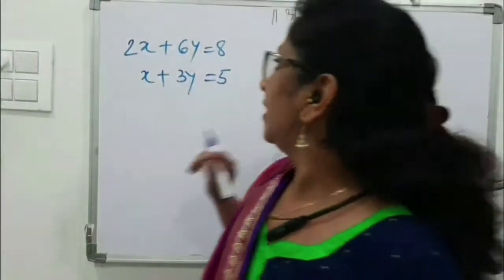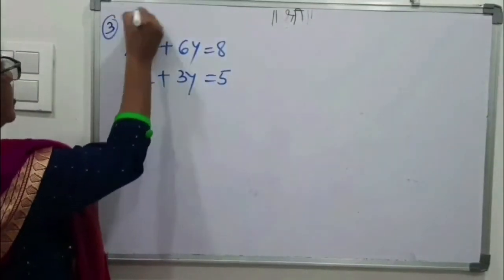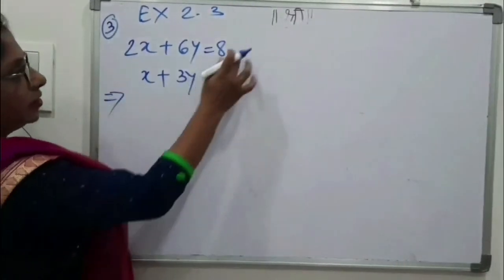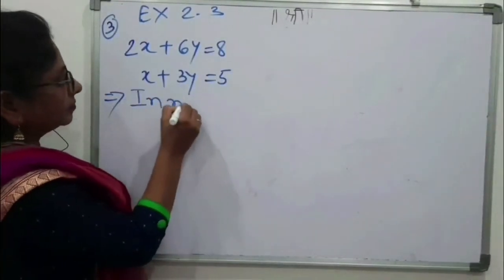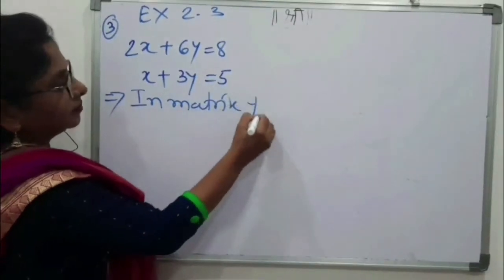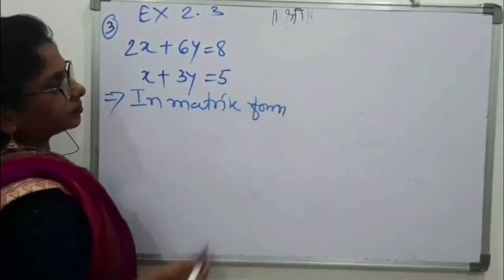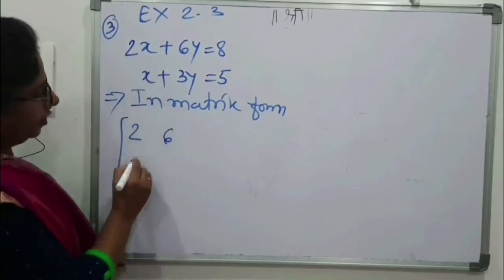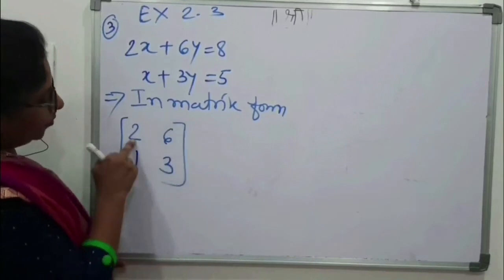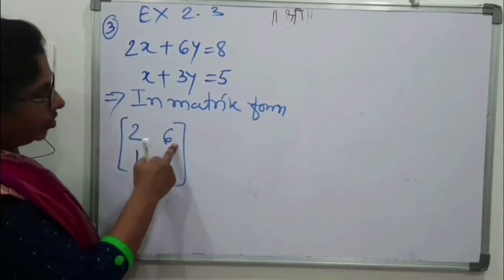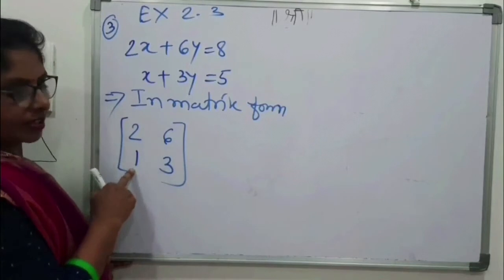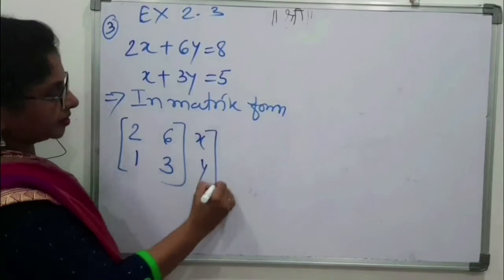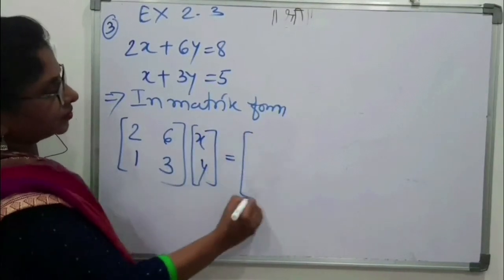Third we will again see here. So this is the third example of your exercise 2.3. Again we will convert this into matrix form. This is 2, 6 and here 1, 3, meaning the coefficient of x and coefficient of y of the first equation, and of the second equation, into variables equals constants.